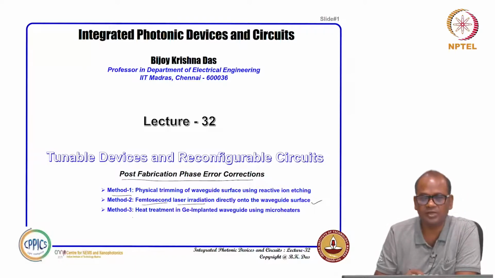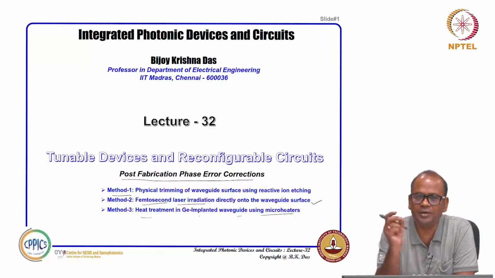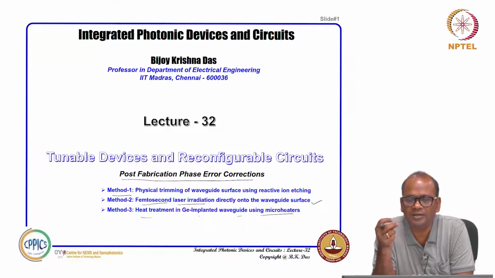And the third method, the most interesting and very feasible for large scale, wafer scale correction of devices, is heat treatment in a germanium implanted waveguide using microheaters. You can integrate internal circuitry components in every individual device, and after fabrication use them to fine tune the refractive index wherever you want.